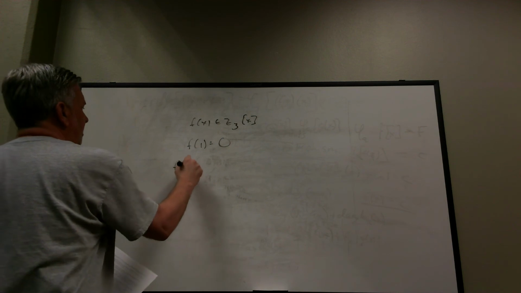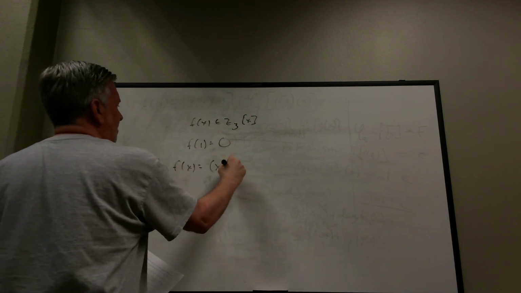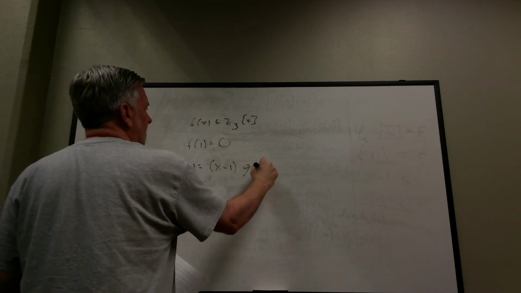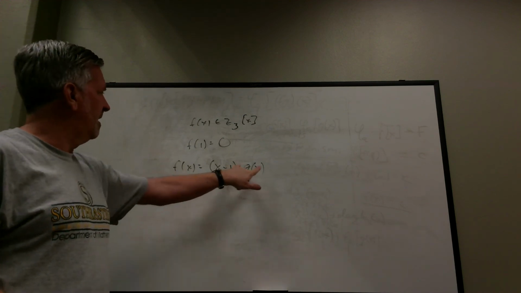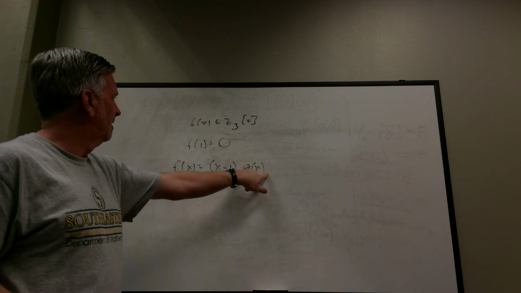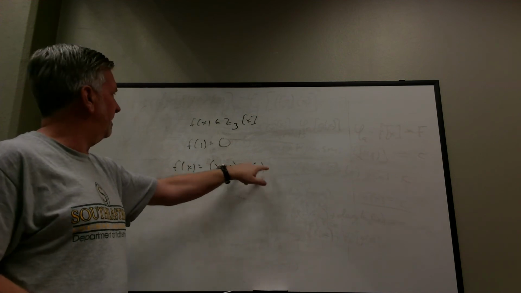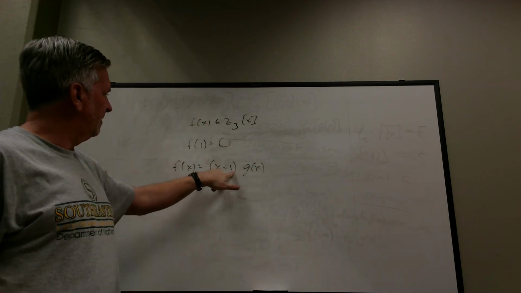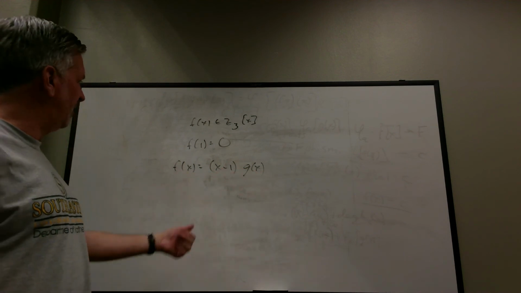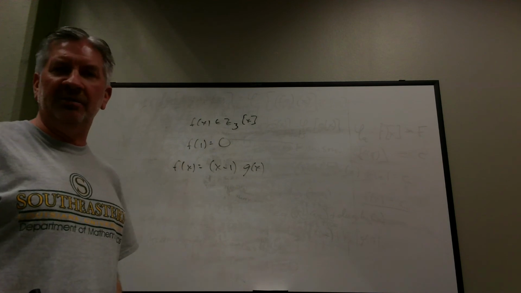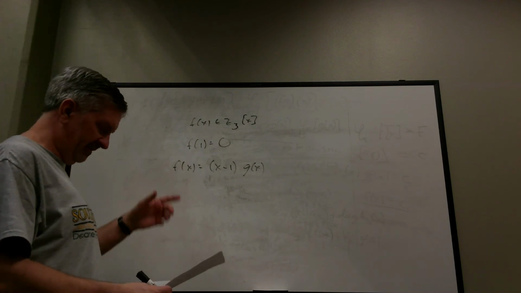So this original polynomial f of x you can write as x minus 1 times something else. And notice f is reducible, because this has degree 1, and f was a quintic, the degree of f was 5, so g will have degree 4. So f is reducible, because I've written f as a product of two polynomials of lesser degree than 5.